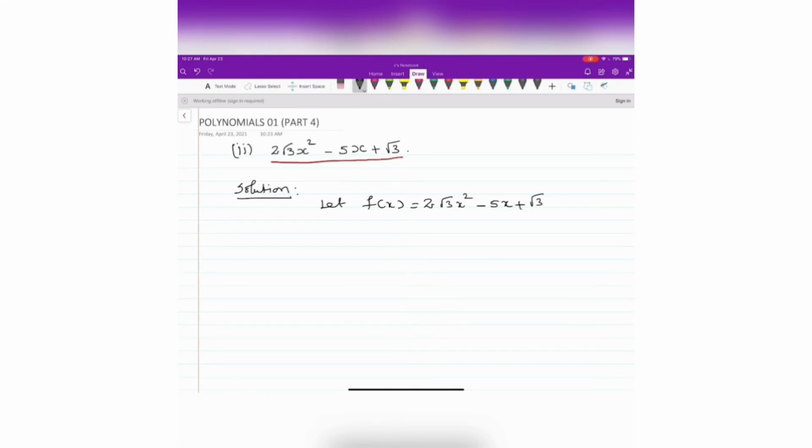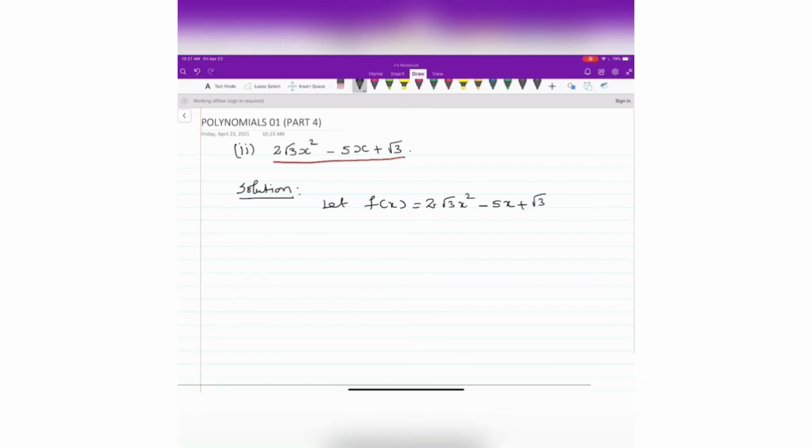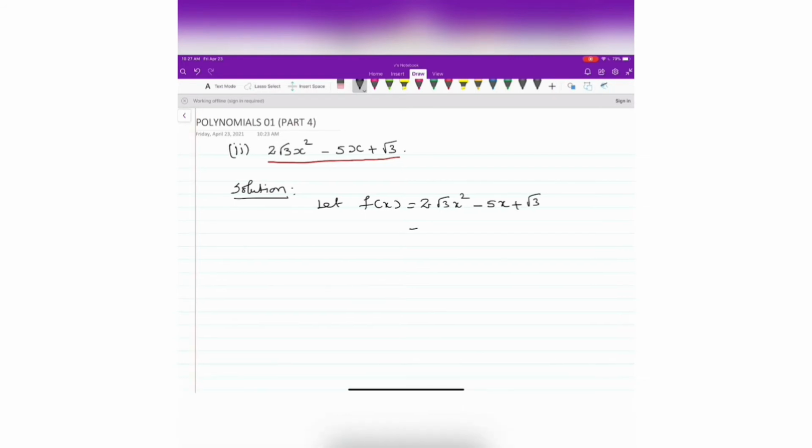To get the zeros of the polynomial, you have to split the middle term of this polynomial and factorize it. So, I can write this polynomial as 2 root 3 x square minus 3x minus 2x plus root 3.